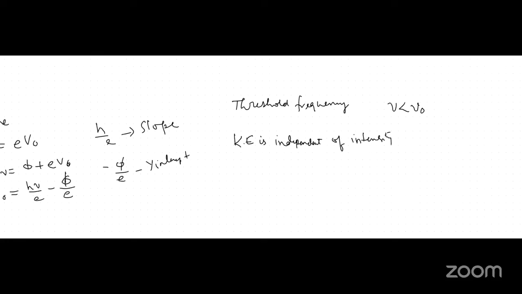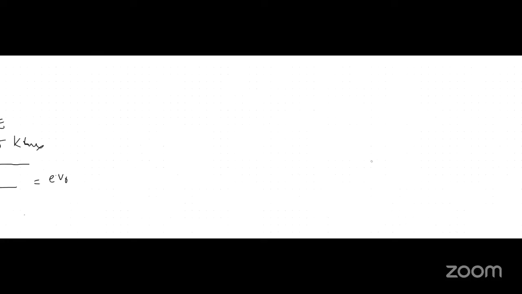Copper has a work function of 4.7. Similarly, silver has a work function of 4.7. So this is the experimental verification of Einstein's explanation for the photoelectric effect.